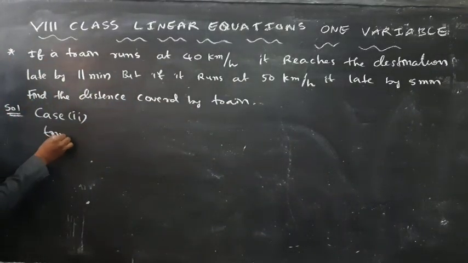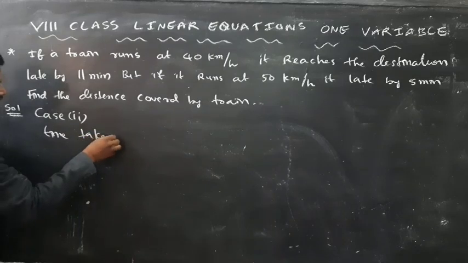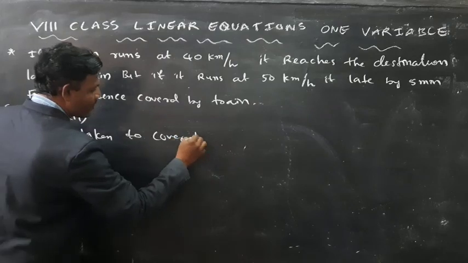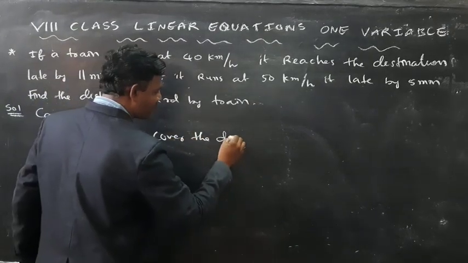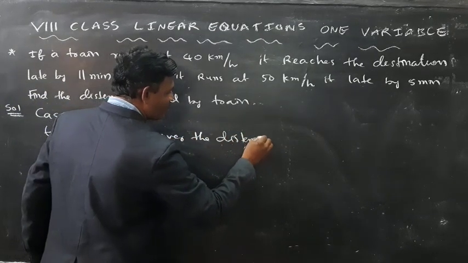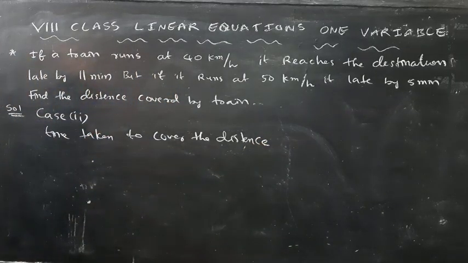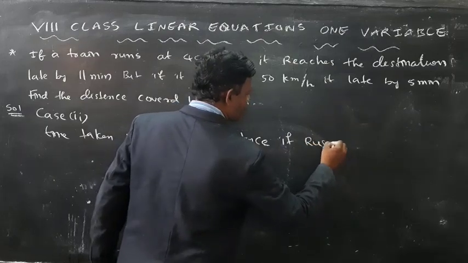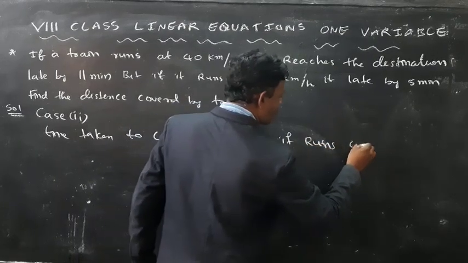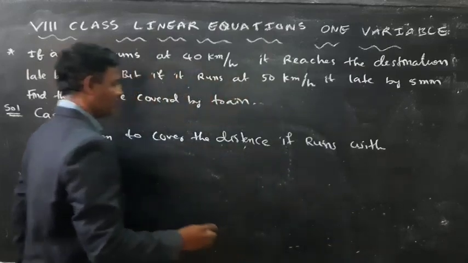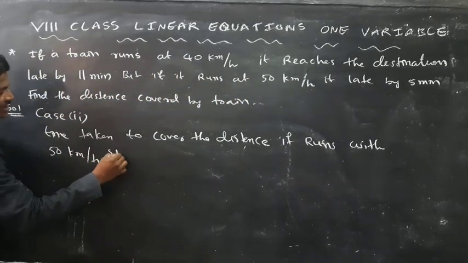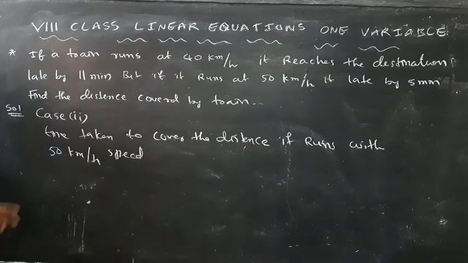Next, case 2. Time taken to cover the distance if the train runs with 50 kilometers per hour speed. What is case 2?